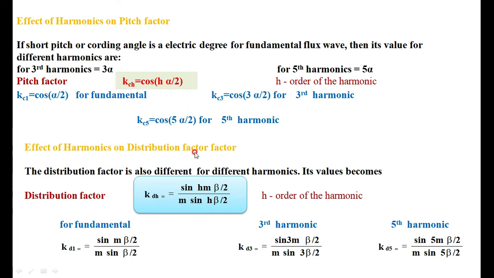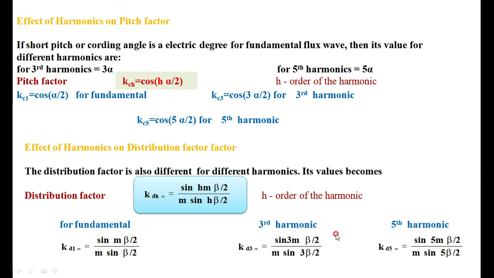Similarly, the effect of harmonics on the distribution factor is the same. The distribution factor is also different for different harmonics. In general, it is written as sin h m beta by 2 divided by m sin h beta by 2, where h is the order of the harmonic. For the fundamental component, h is equal to 1, so kd1 is sin m beta by 2 divided by m sin beta by 2.